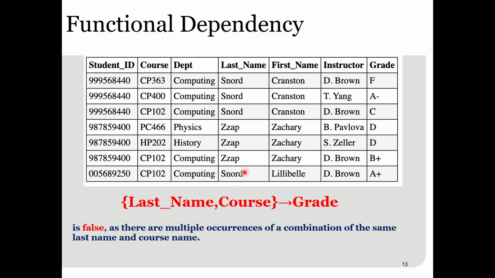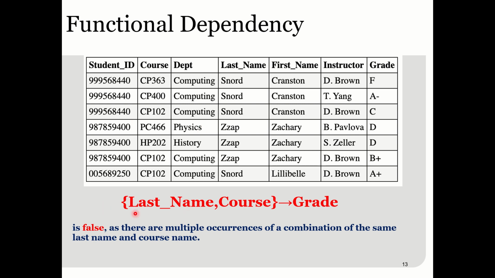Why? Because you cannot take last name alone, because you have a SNORD here with CP102, and here you have another SNORD with CP102. But if you look at the first name, this is SNORD Cranston and this is SNORD Lilabelle, right? So these are two different people, which can cause some confusion in the data you are actually providing.